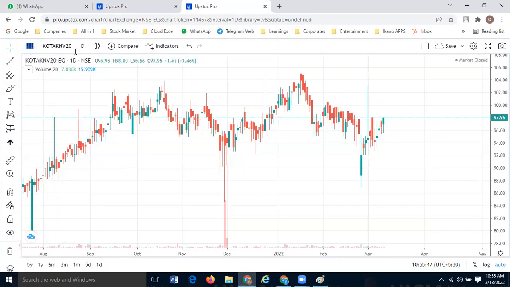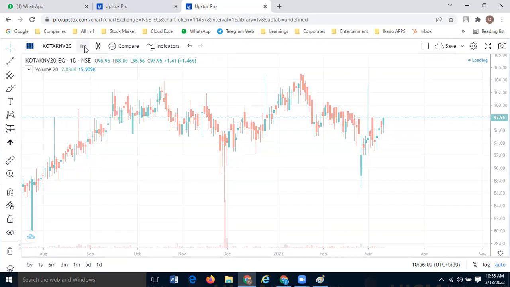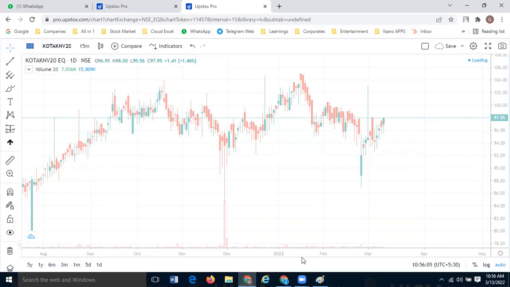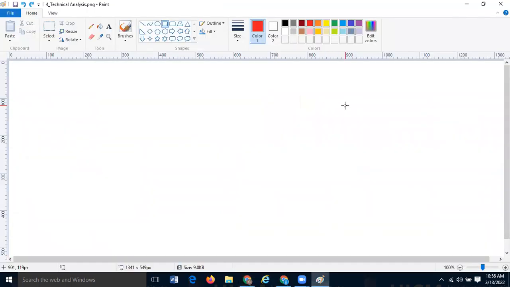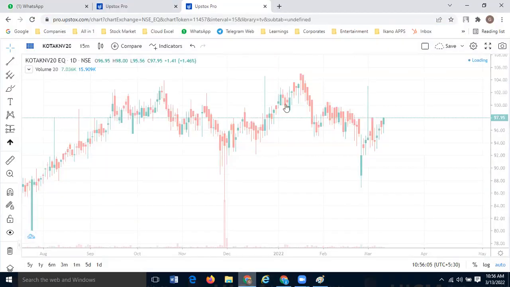The first thing is that this is a day chart. It is used for swing trading, and if you are buying on delivery-based trading, you have to use the day chart. Many minute charts are available: 1 minute, 3 minute, 5 minute, 10 minute. There are certain candles you are seeing here: red, then green, red, green.